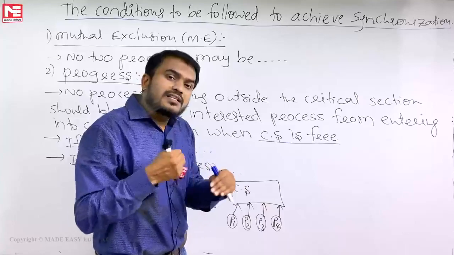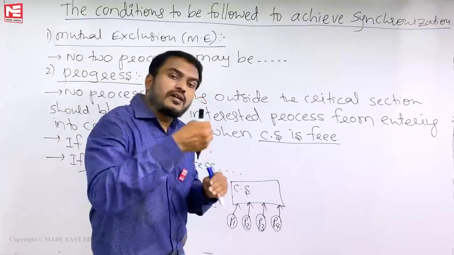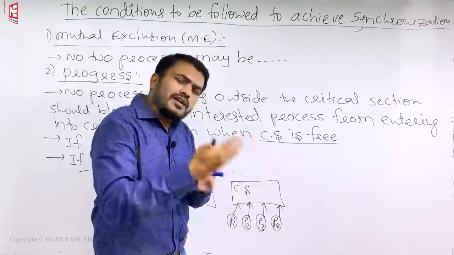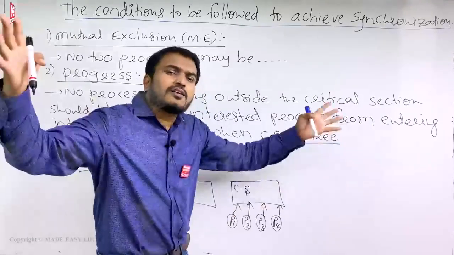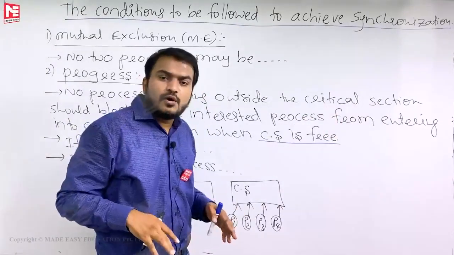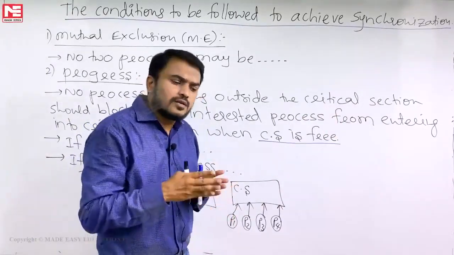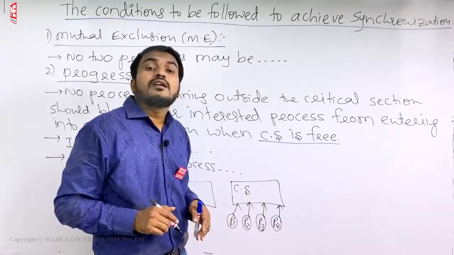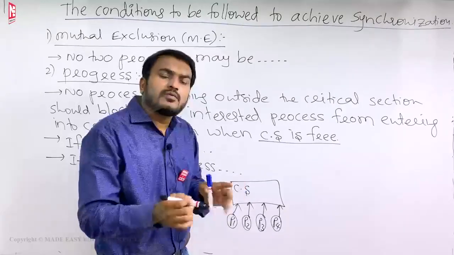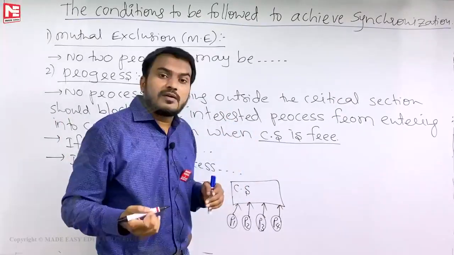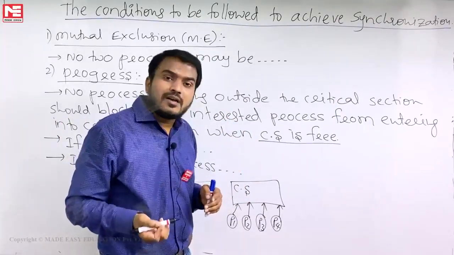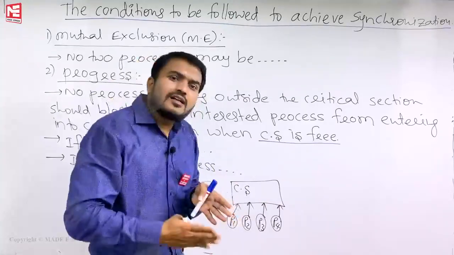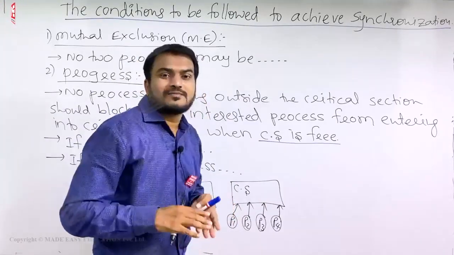Your code is such that P1 depends on P2, P2 depends on P3, P3 depends on P4. Nobody is continuing further execution in the system, nobody is going into critical section. While loop में stuck up हो गया सारे process, ऐसा code लिखा है आपने. So that is called what? Deadlock. So when there is a deadlock, there is no progress.